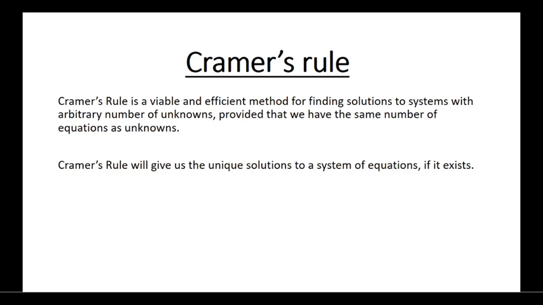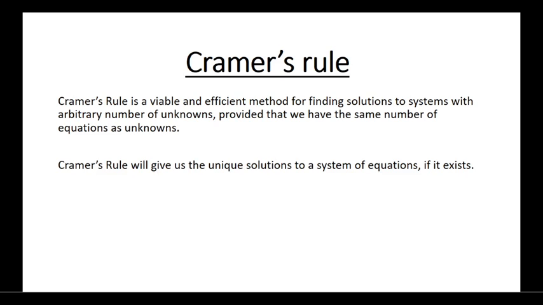Suppose in the given system of linear equations there are two unknowns, they should give two equations. If there are three unknowns, they should give three equations. That means the same number of equations as unknowns. Number of equations is equal to number of unknowns. If this condition satisfies, we can apply Cramer's rule.